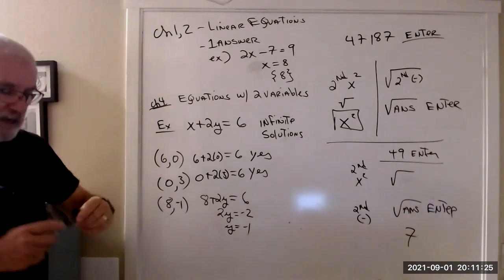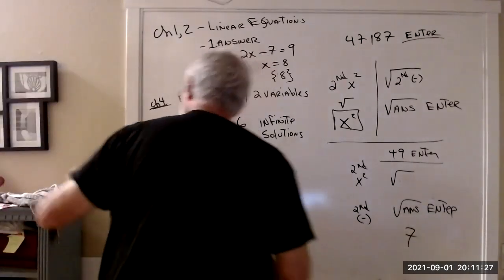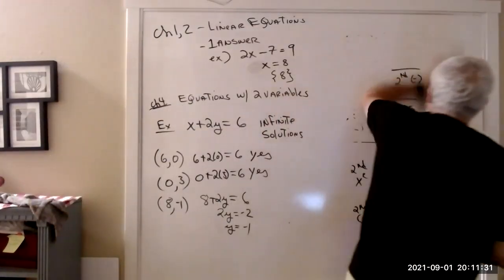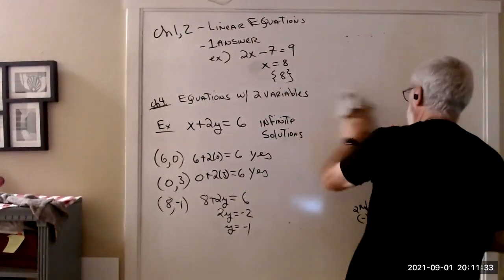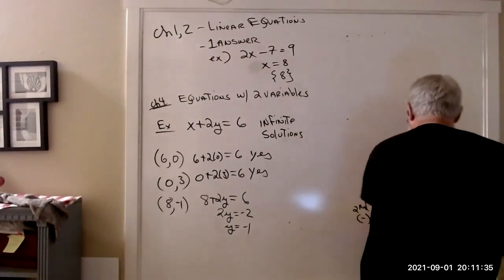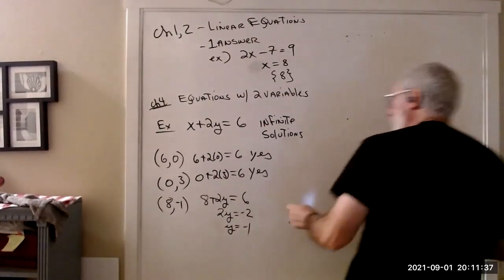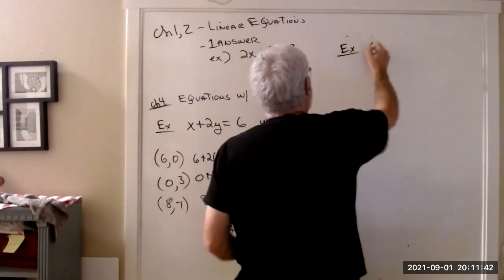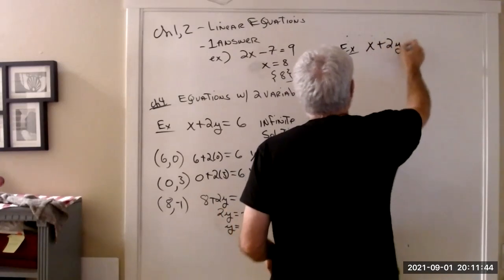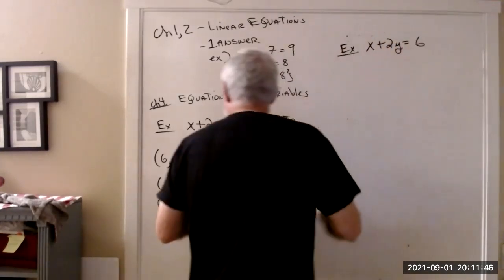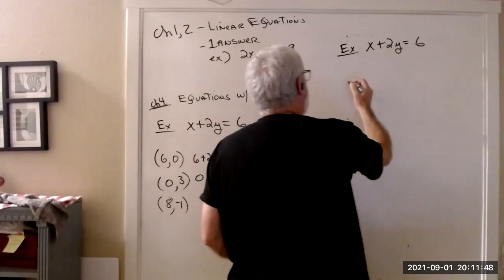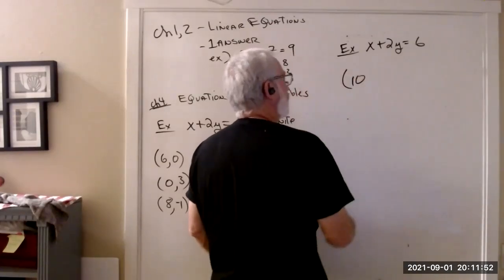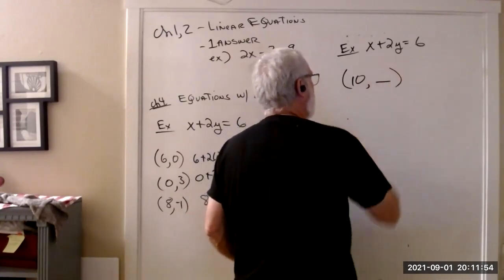As a matter of fact, that's going to be one of the questions that mom asked you. She's going to give you an equation, like I did here. Let's use the same one, x plus 2y equals 6. And she'll say, hey, if x is 10, can you figure out what y is?